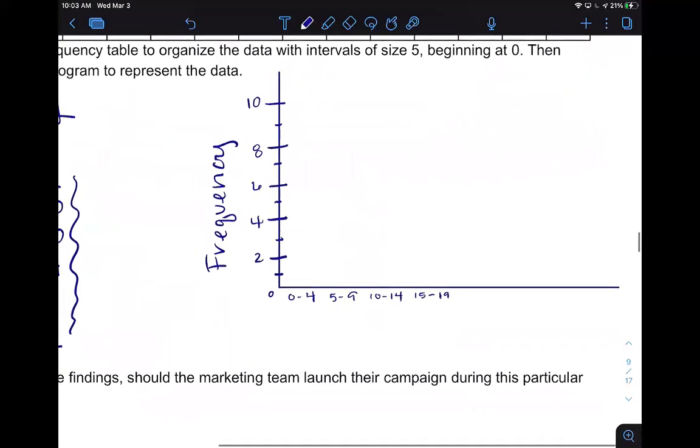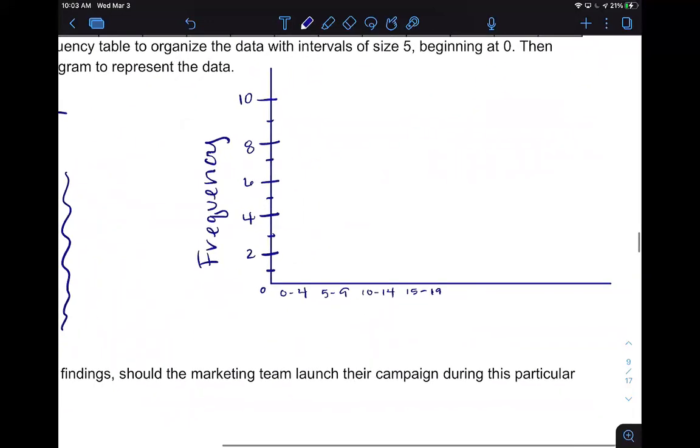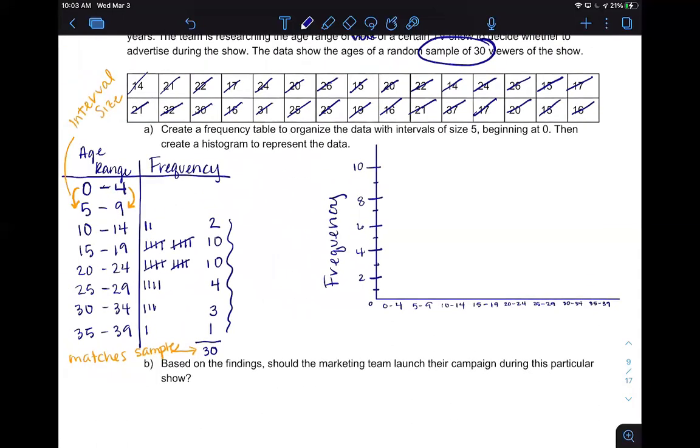All right, we got 20 to 24, 25 to 29, 30 to 34, and 35 to 39. Okay, and those represented age. And this is easier if you're doing it on line paper, I promise.